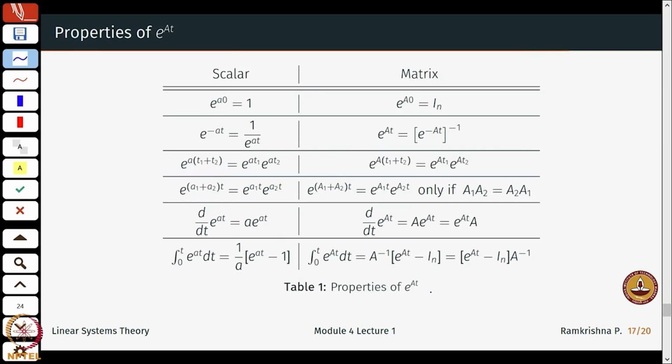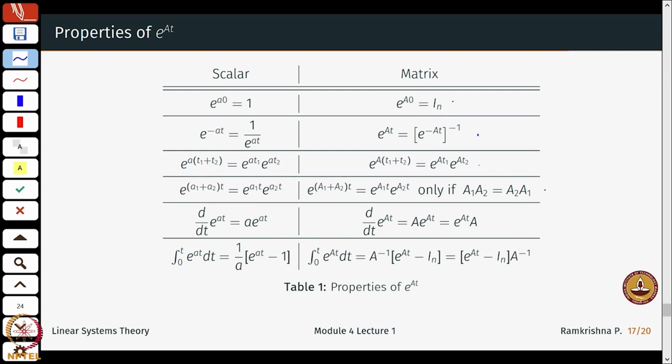Some little properties. At t equal to 0, it is of course the identity. I think these are easy to prove. e power At, the whole inverse, is e power minus At. This is also easy to prove: e power A(t1 plus t2) is e power At1 times e power At2. This looks like the indices we studied in high school.